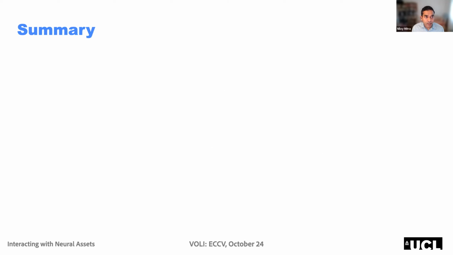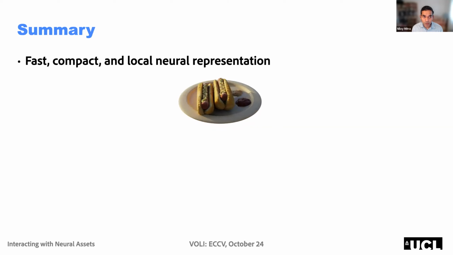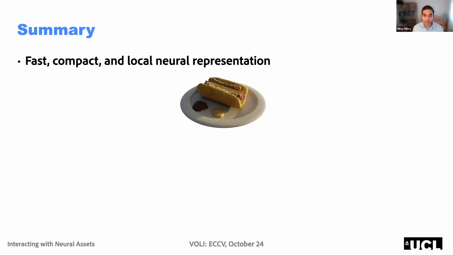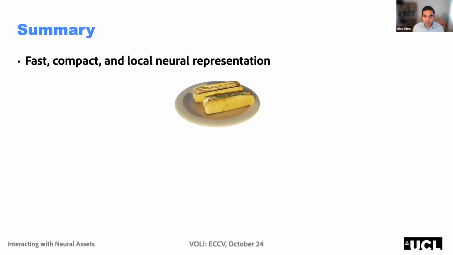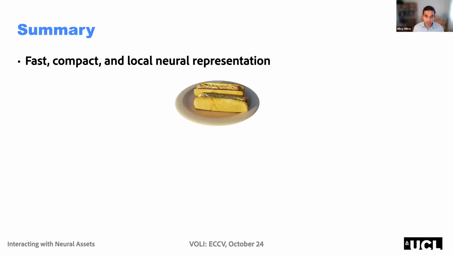So in summary, what we saw is the following two observations: that a local representation can indeed now be very quickly trained. And being local, it allows us to do local operations in the sense when we combine them, we can do it in the local coordinate frames.